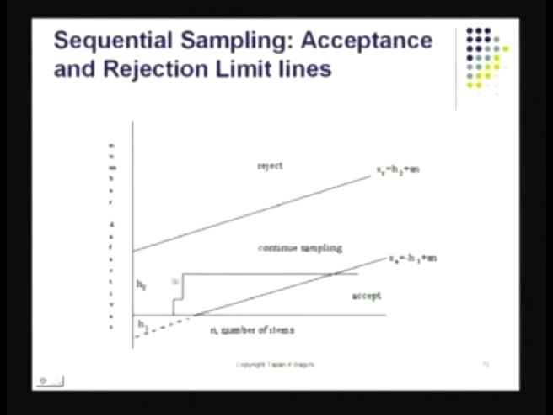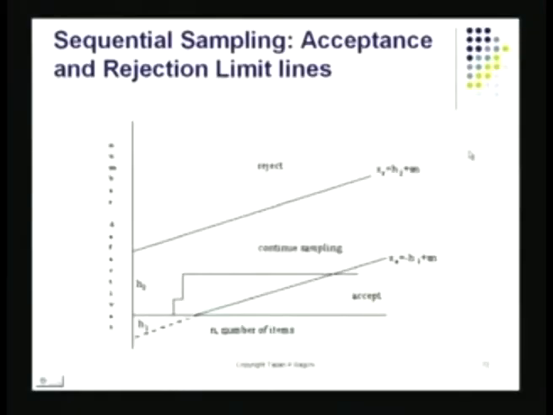If by doing sequential sampling I end up going somewhere here, at some point in time I reject the lot. But if I keep going inside, it's always going to be rising. I keep doing sampling. But there's a theorem by Abraham Wald, which tells us you'll never end up going forever in this direction. You'll either end up going that way or you'll end up going this way.